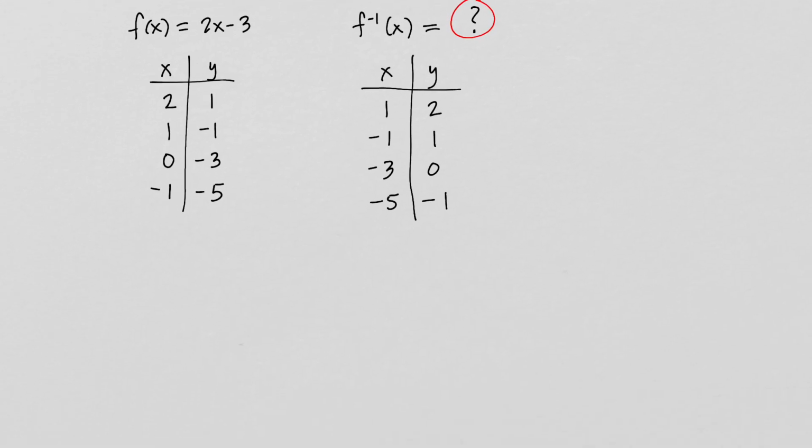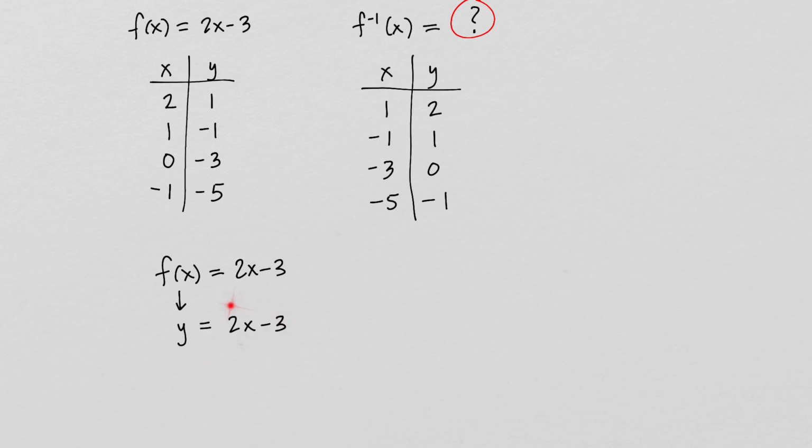First thing I'm going to do is take my original function, f of x equals 2x minus 3, and replace f of x with the letter y. This makes it just a little bit easier to do what we need to do here. Now remember, what an inverse function is doing is it's just switching x and y.